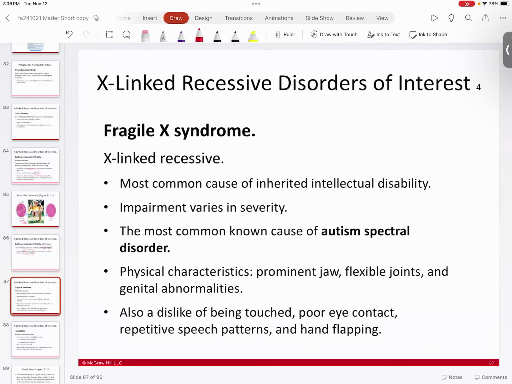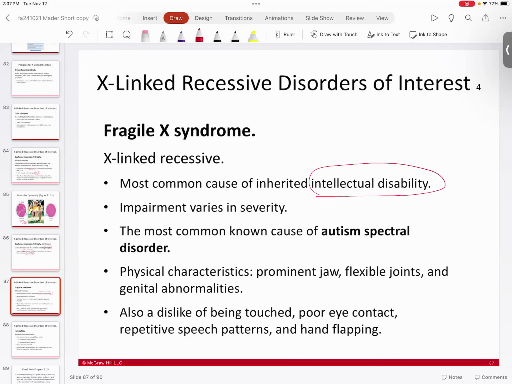Another type of X-linked recessive that we have is Fragile X. This is an interesting one. This will create an inherited intellectual disability, so cognitive developmental issues. And so this will create what's called autism spectrum disorder, ASD.